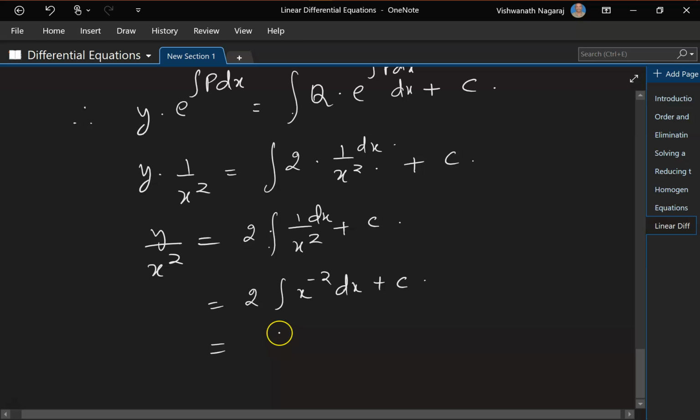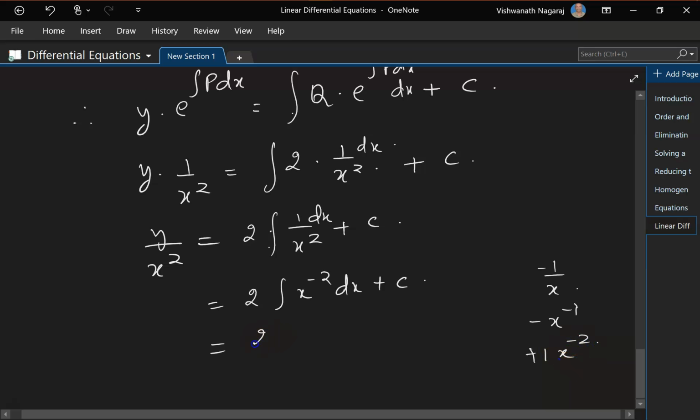And this will be minus 1 by x, right? When we differentiate this, we get minus times minus plus. So this actually becomes minus x to the power of minus 1. So when we differentiate it, plus 1 x to the power of minus 2, which is nothing but 1 by x square.